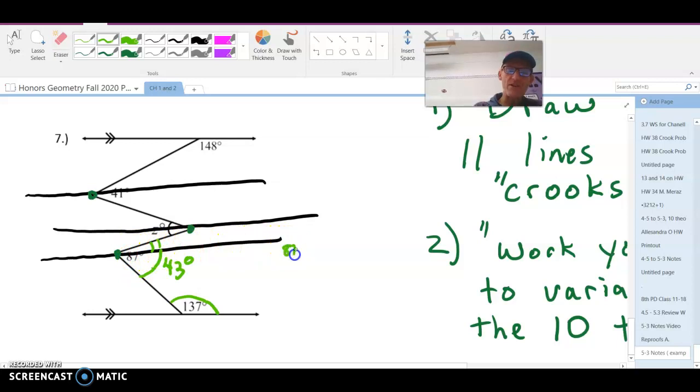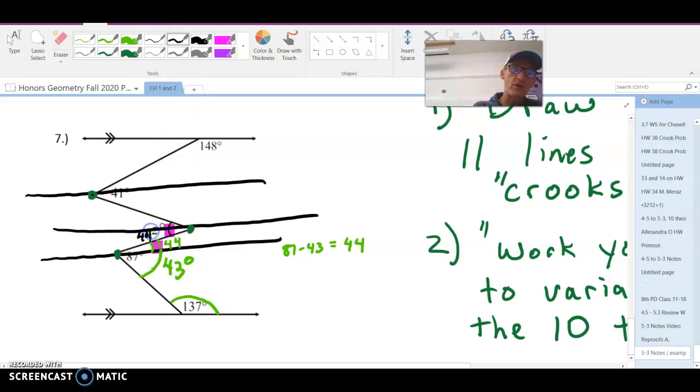So 87 minus 43, which is equal to 44, is the measure of this angle, okay? Now, it's a little tight, but this angle and this angle here are alternate interior angles. So that makes this angle 44 degrees here.